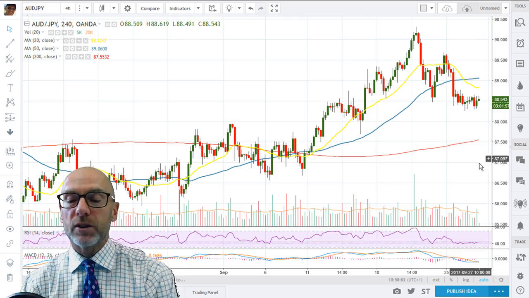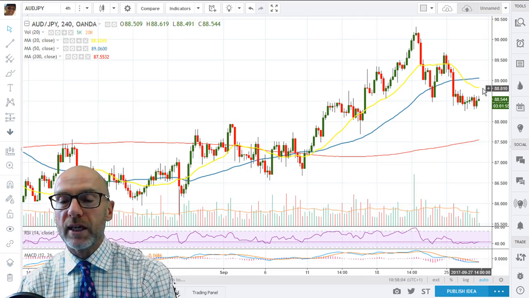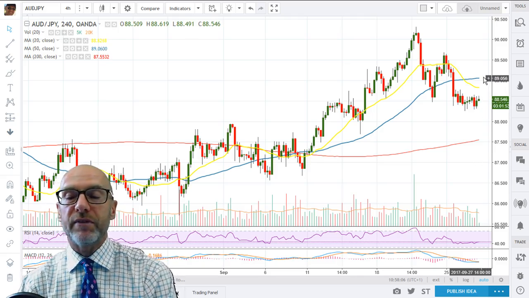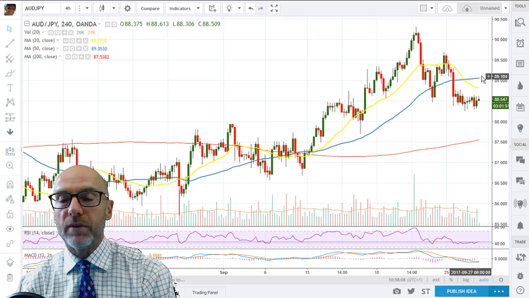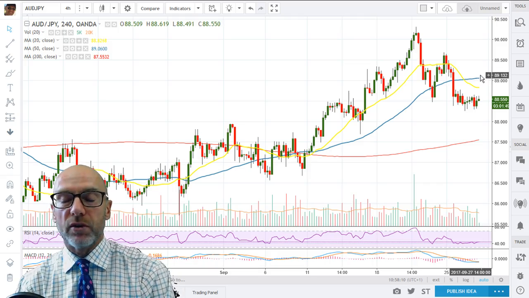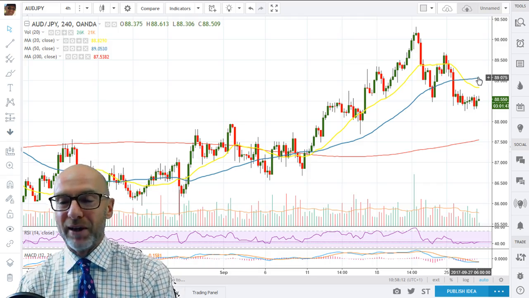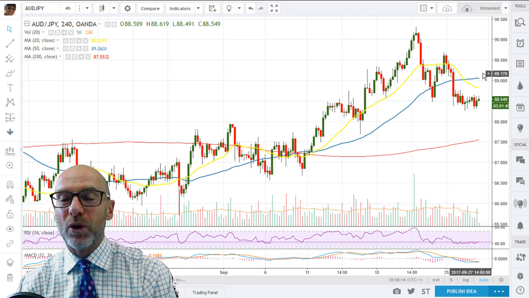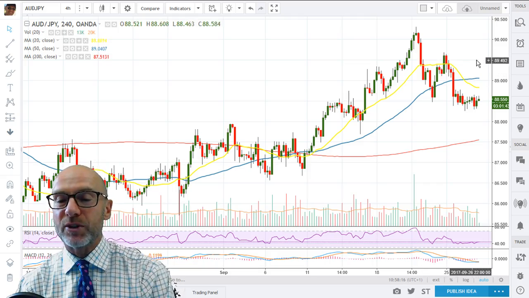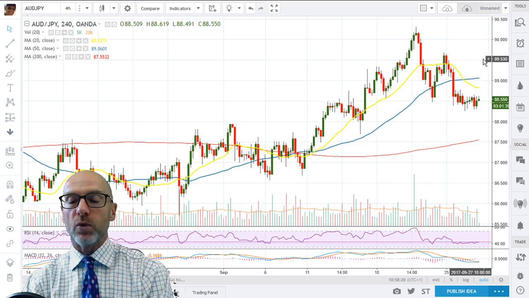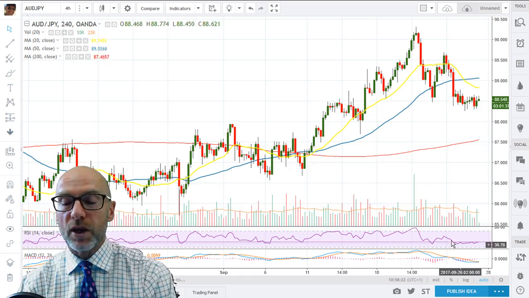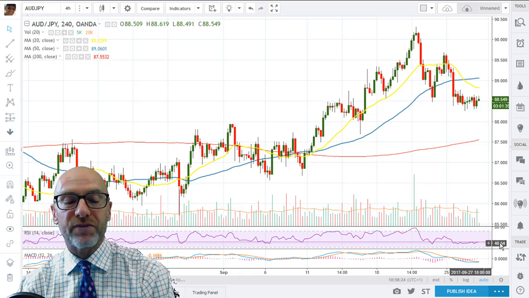However, if momentum can move back into the market and we get back above, especially that 54-hour average, it would bode better, and we just need to break that resistance just above 89.50, and it would look better. On the momentum, though, you can see at the moment the RSI is flat lining.